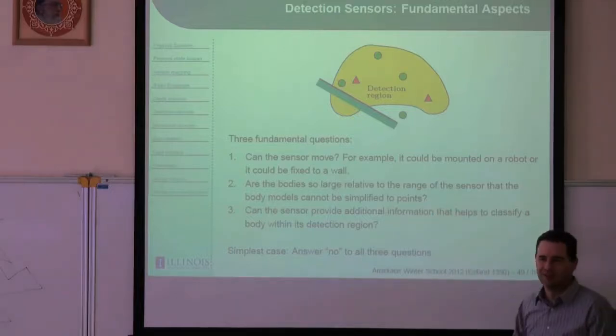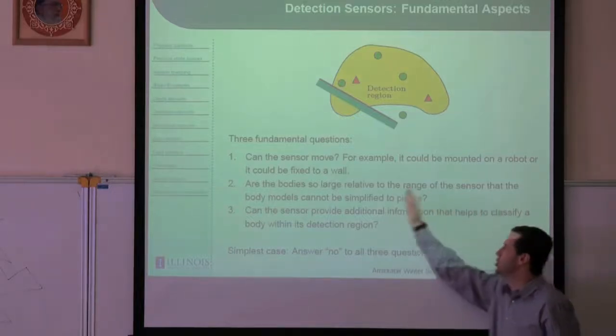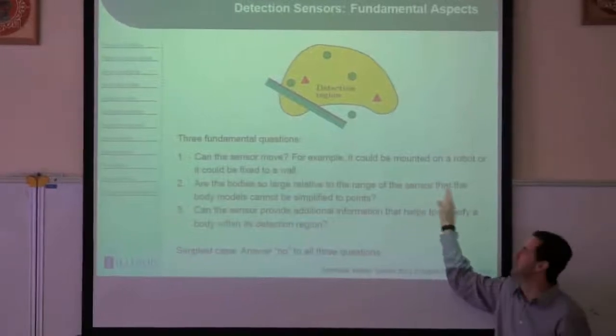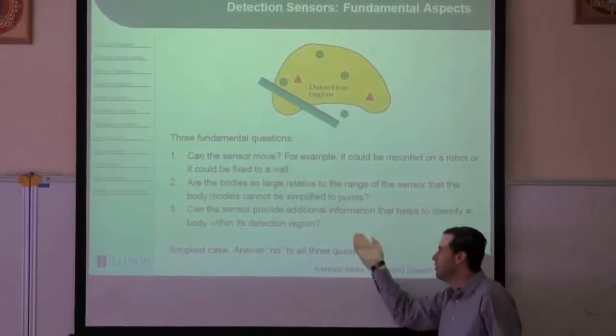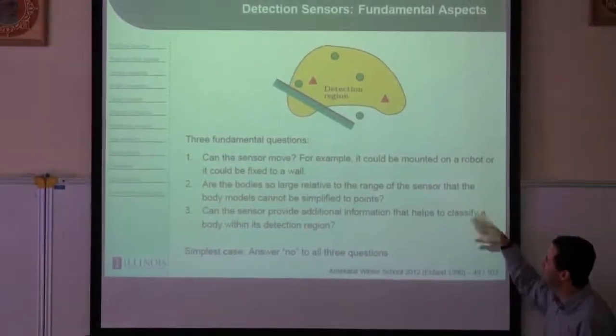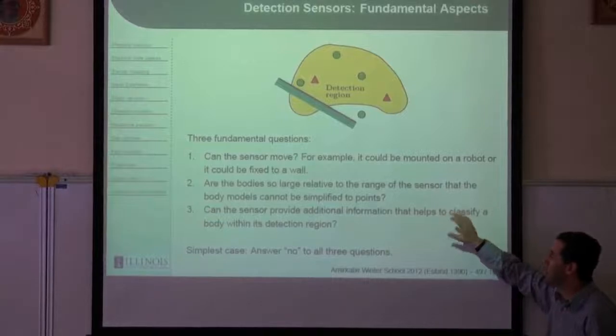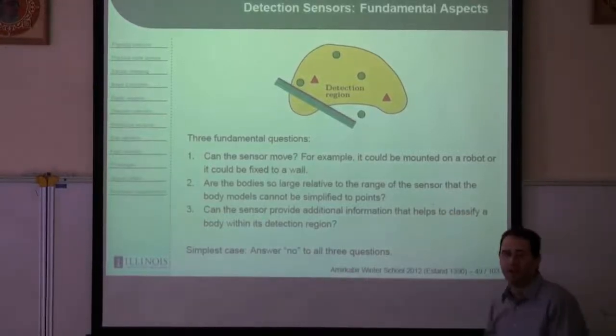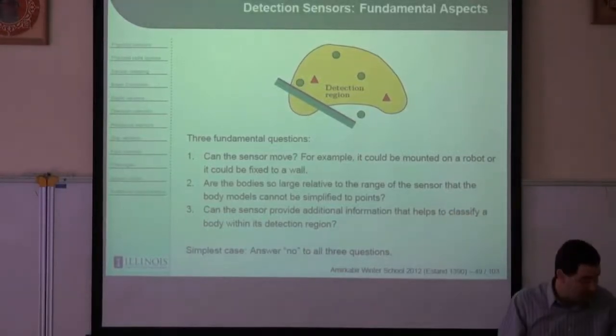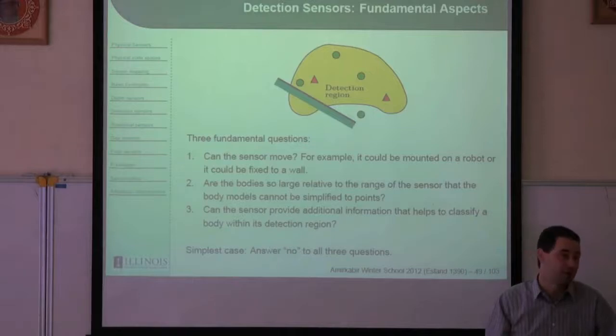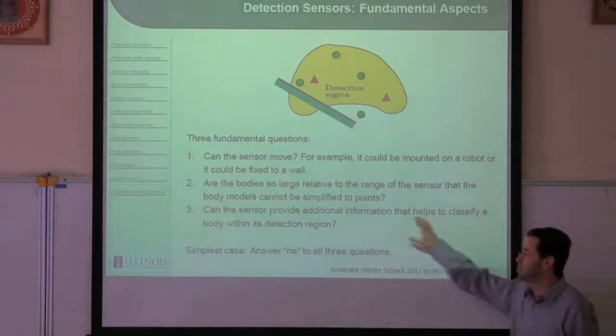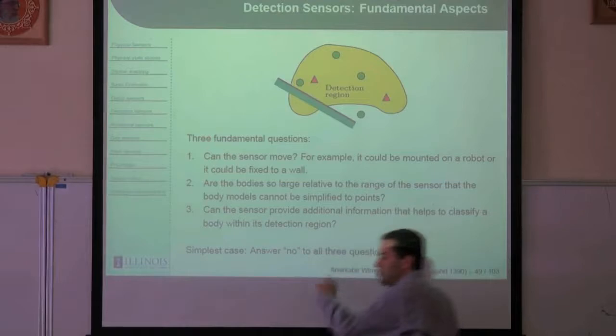So in other words, do we have to consider partially in and partially out? That's an important distinction. And another thing is, does the sensor additionally give us information that helps us to classify? Like maybe I say, oh, that's not only a body in the field of view, but it's a human, and it's a man. Maybe I know that much. So it could give additional information. Simplest case is no to all three of these.